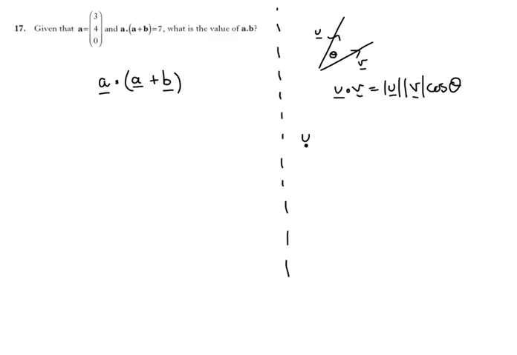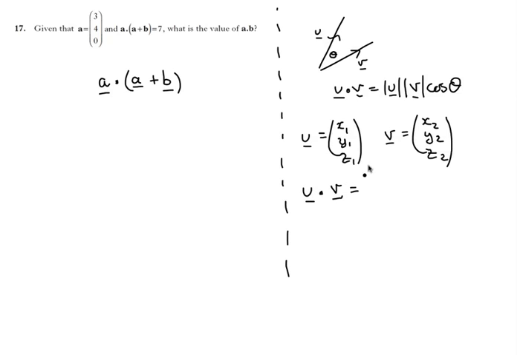Or if you happen to know the components of the two vectors, then you can prove that the number you get from doing this, length times the cosine of the angle between them, is exactly the same as the number you get by multiplying these components together and adding the results.